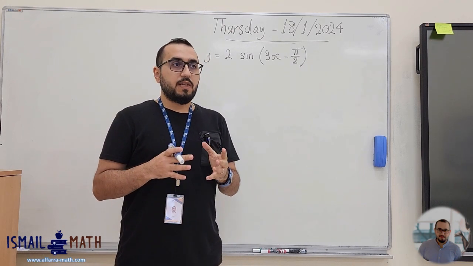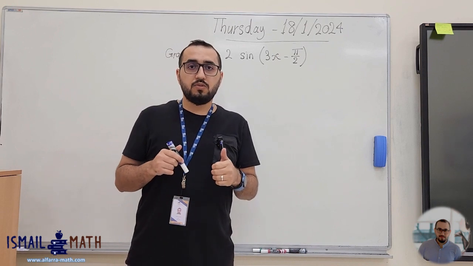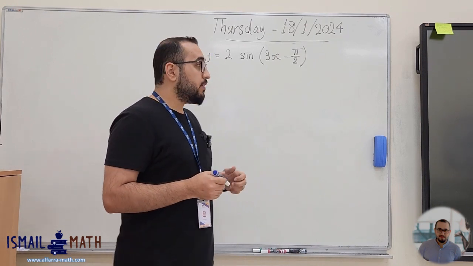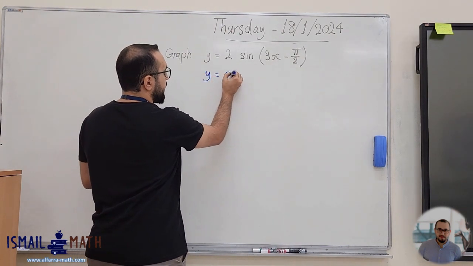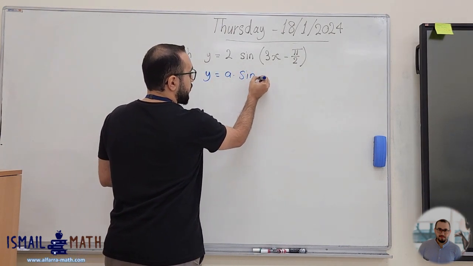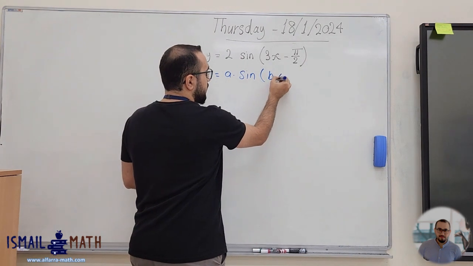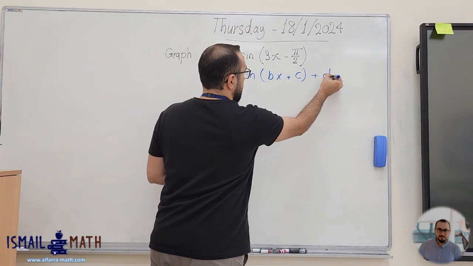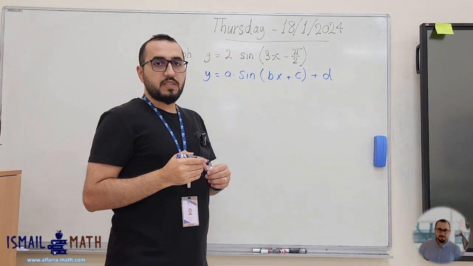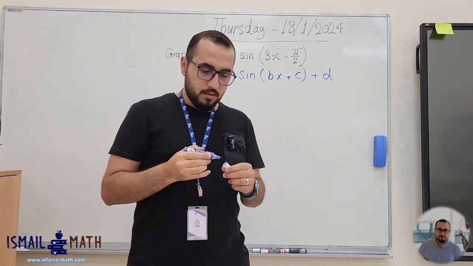First step, when we need to graph a trigonometric function, we need to identify the amplitude. Let me write the rule: y equals a times sine or cosine of bx minus c, or let's say plus c, plus d. This formula is according to the McGraw-Hill book.